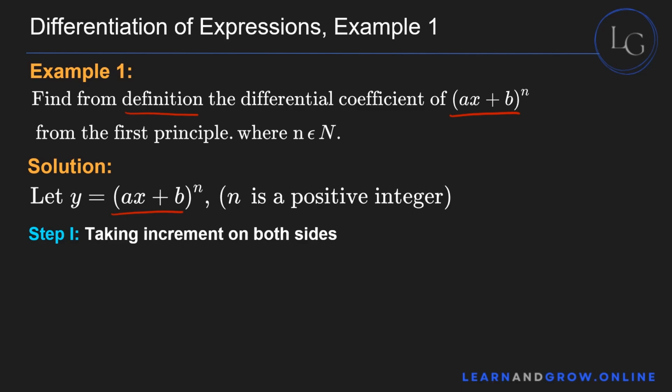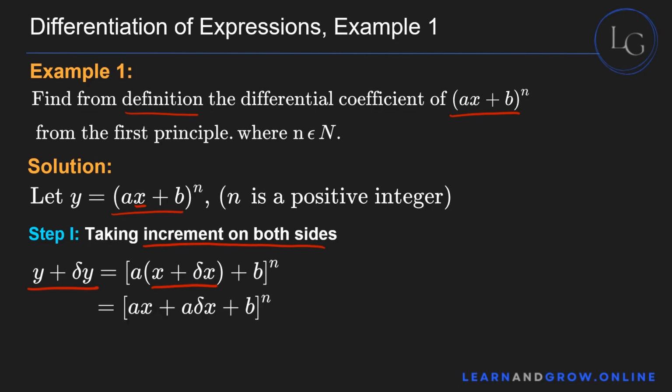So the first step was to take the increment on both sides. So any place with a y becomes y plus delta y, and any place with an x becomes x plus delta x. So this x over here becomes x plus delta x, and b is a constant. Remember that b is a constant, just like a is a constant, so b remains as it is.